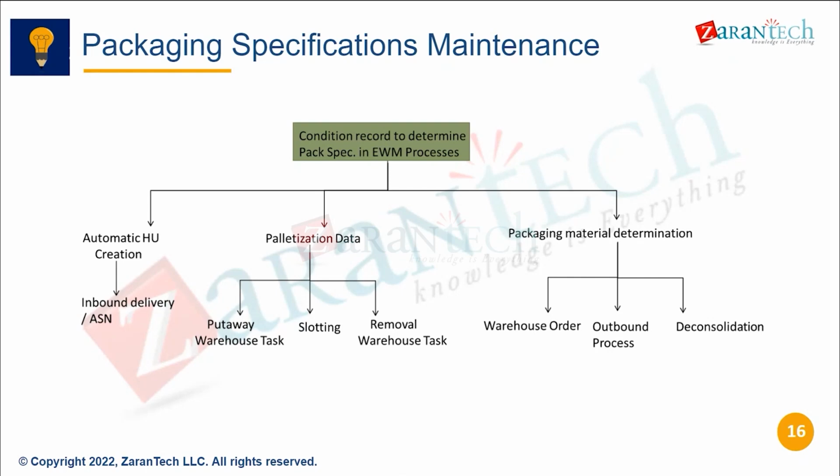So you have both options, RF device as well as GUI desktop, and in both ways you can do any goods movement activity. But generally, for complex warehouses, SAP recommends using handheld devices.